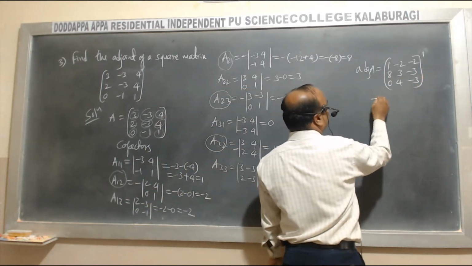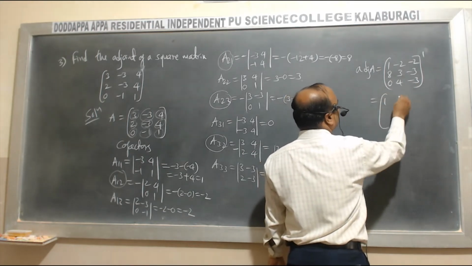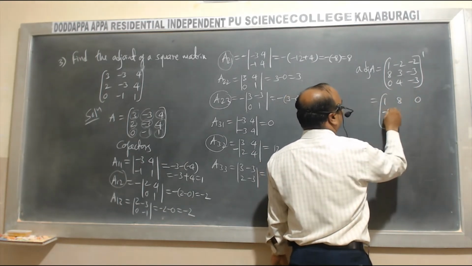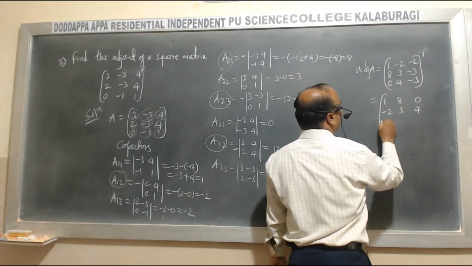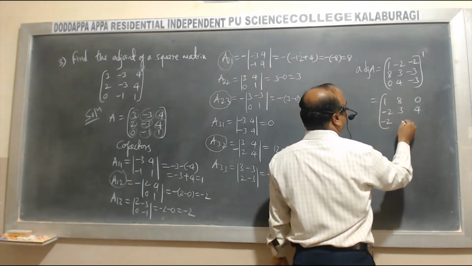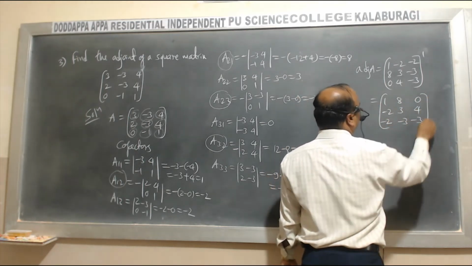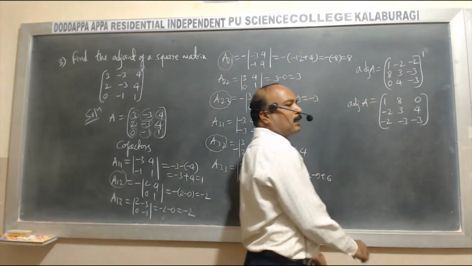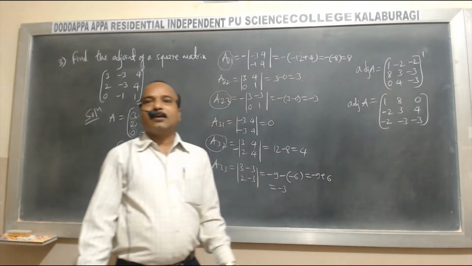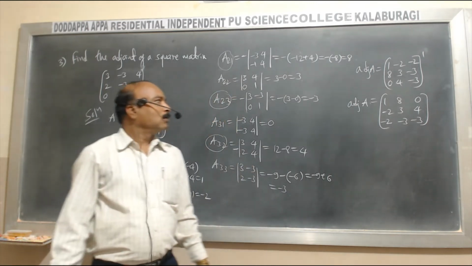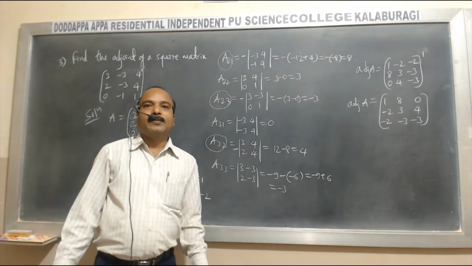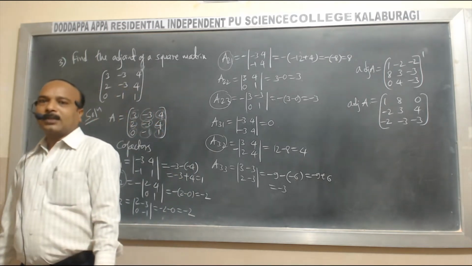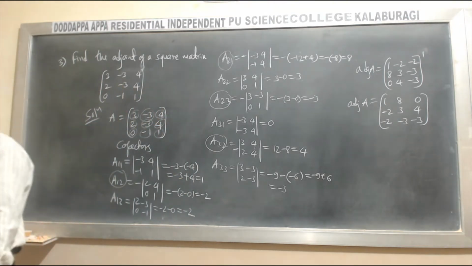So the transpose of this is given by 1 8 0, minus 2 3 4, minus 2 minus 3 minus 3. So it is nothing but the adjoint of A. Like this we calculate the adjoint of a square matrix by using all the cofactors and the transpose of the matrix. Take this solution.